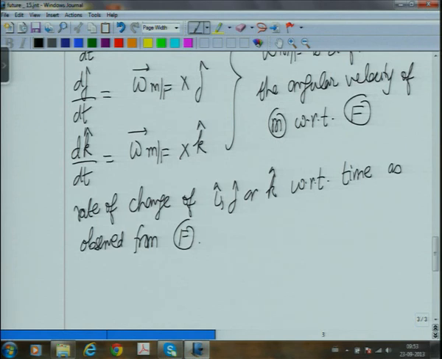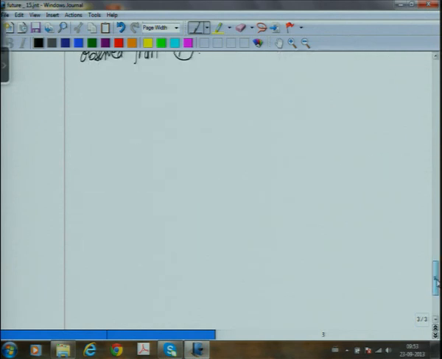Now, let us try to see the physical meaning of this. And for the physical meaning, let me first work out the inverse relation. Now I am not writing with respect to capital X, Y, Z, that is implied. If it is not, then I will say otherwise.